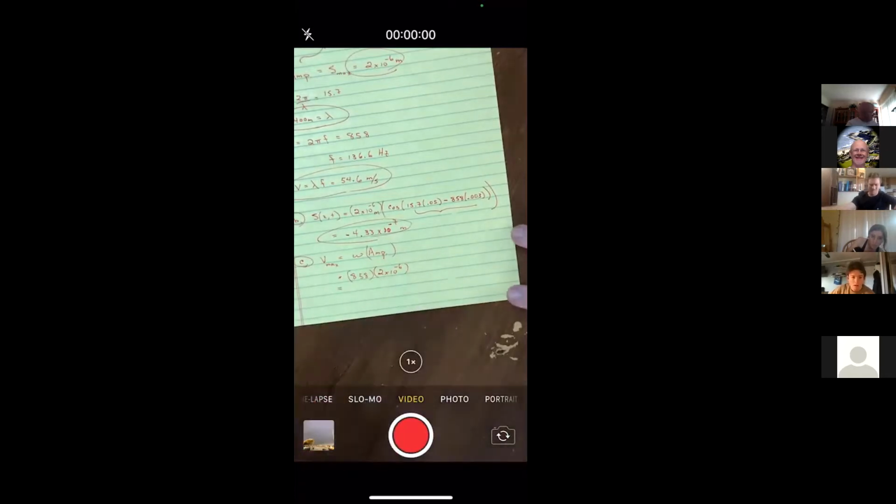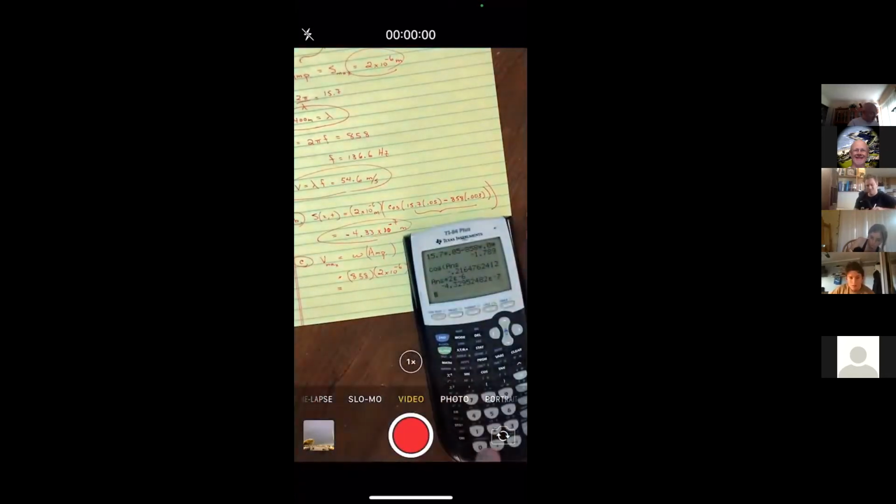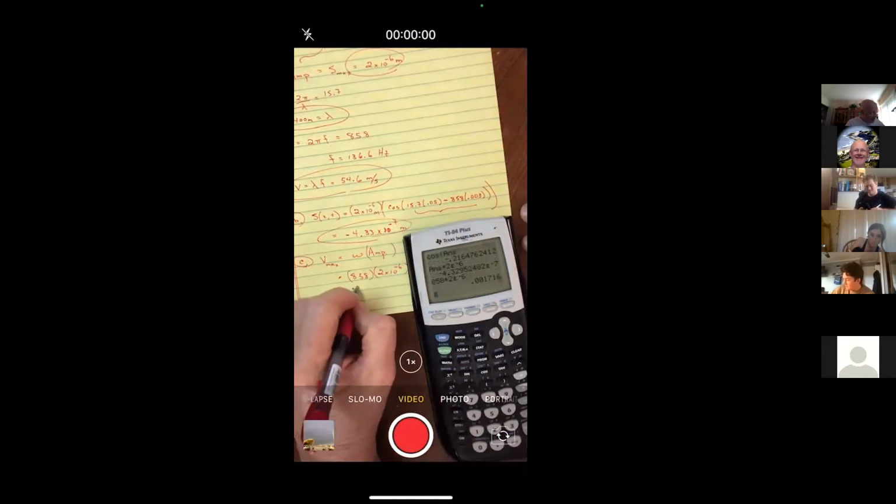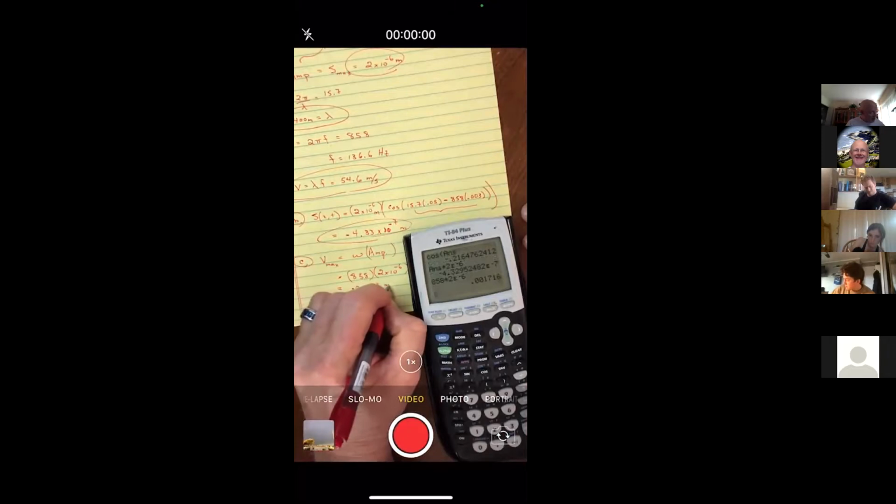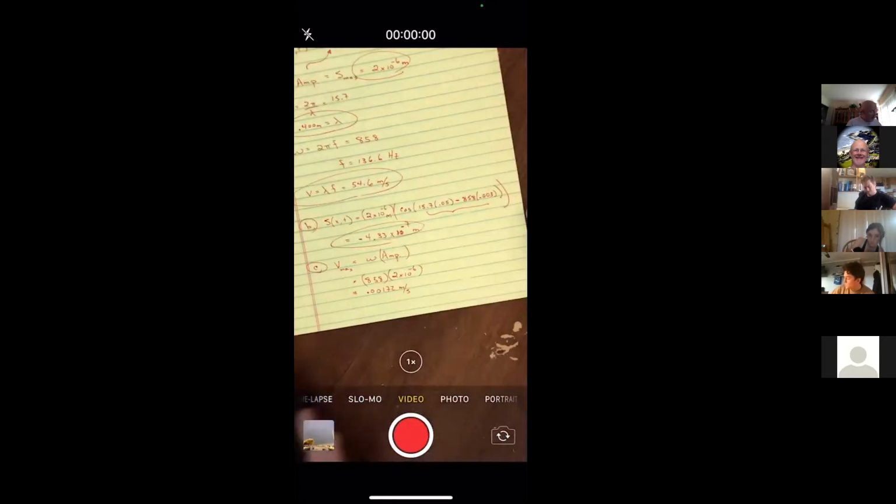So if I multiply those together, 858 times 2 times 10 to the negative 6, I get a maximum speed of 0.00172 meters per second.